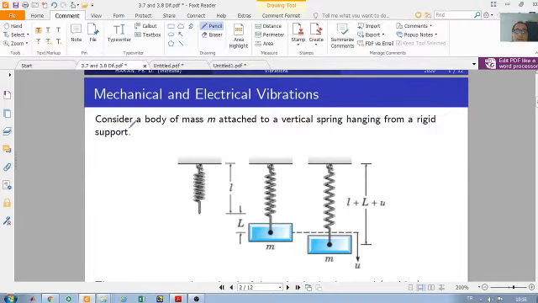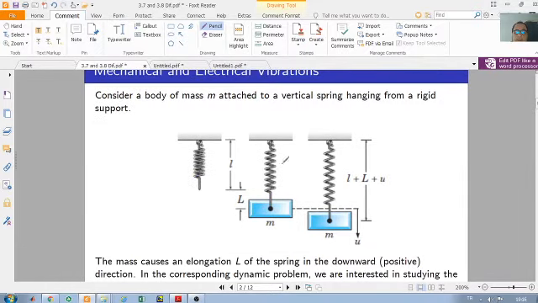So consider a body of mass m attached to a vertical spring hanging from a rigid support, which is pictured here. Look at the second picture. This is the initial situation of the spring, and when we attach a mass to a vertical spring hanging from a rigid support, the spring will expand.